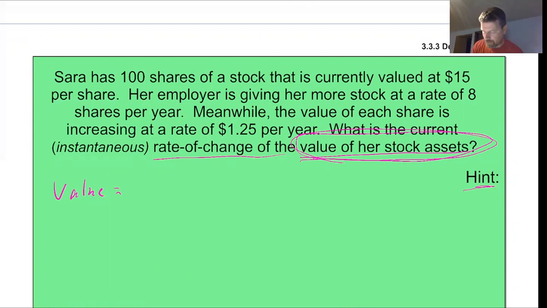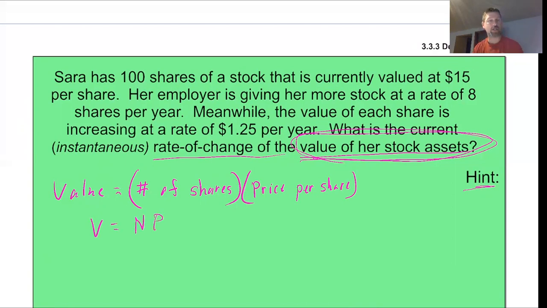So the value equals the number of shares times the price per share. Let's have V stand for value, N for number of shares, and P be price per share.